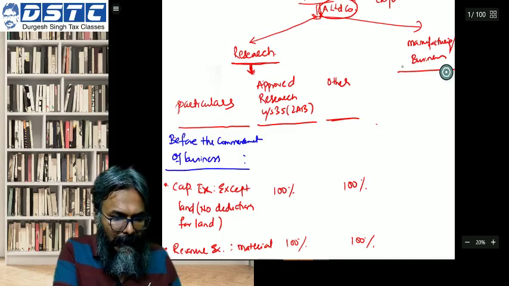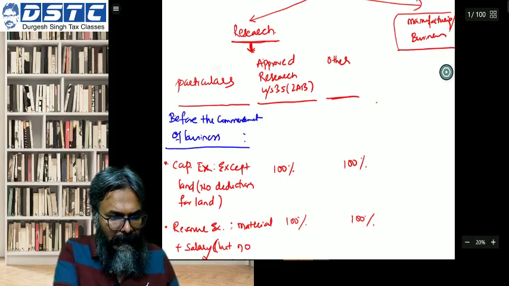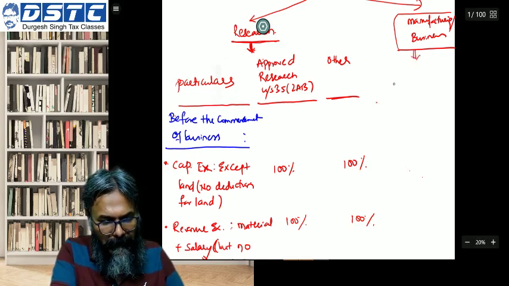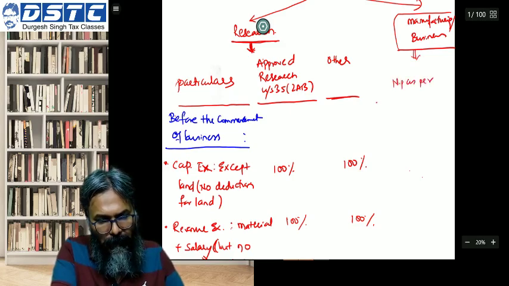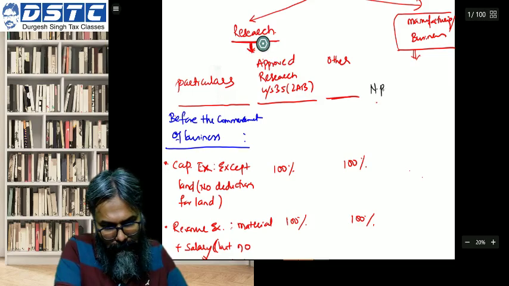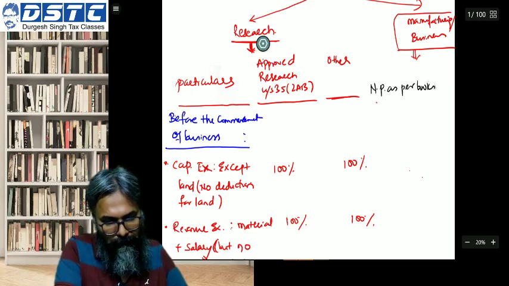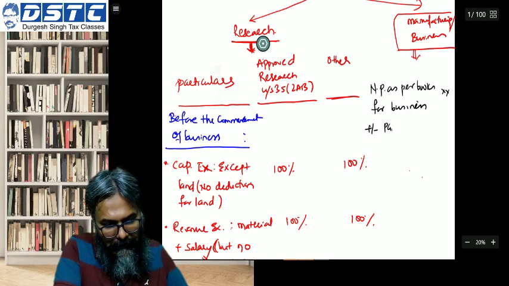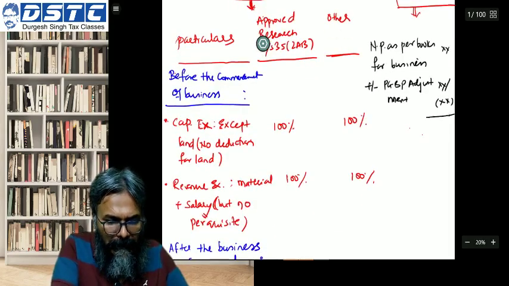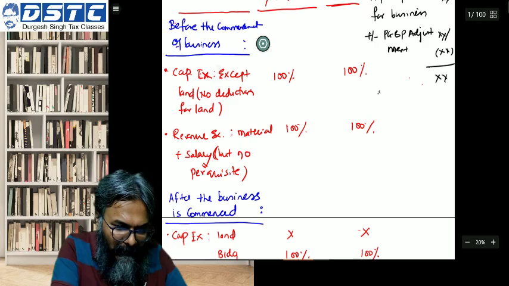Students, in the manufacturing business, primarily, the PGBP will be calculated: net profit as per books, then add and less all the PGBP adjustments. Then whatever you arrive at here, from this you will minus what?